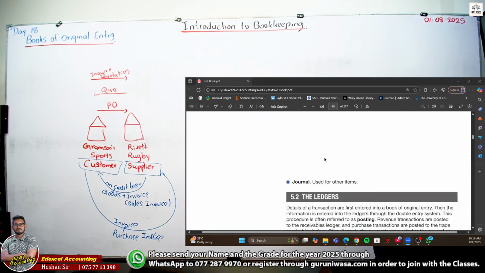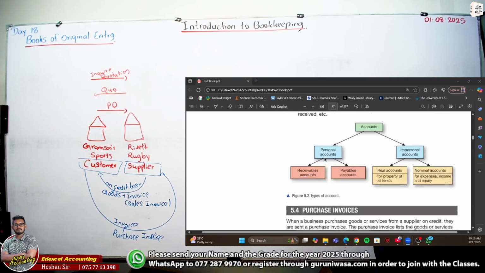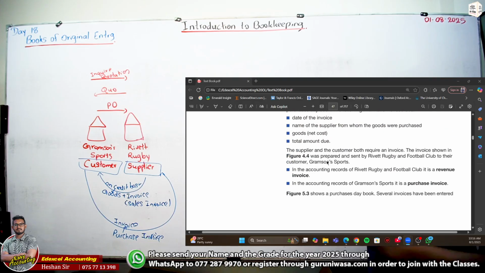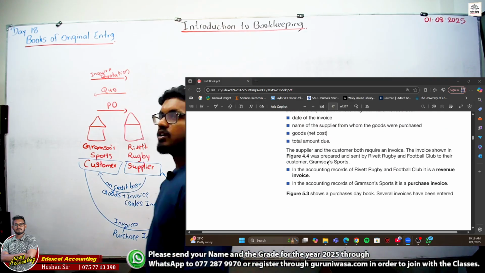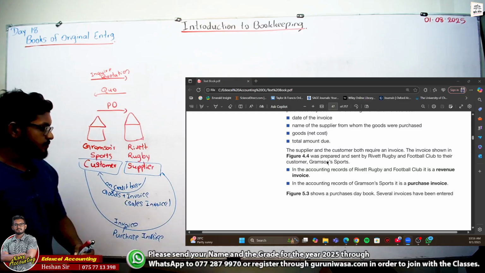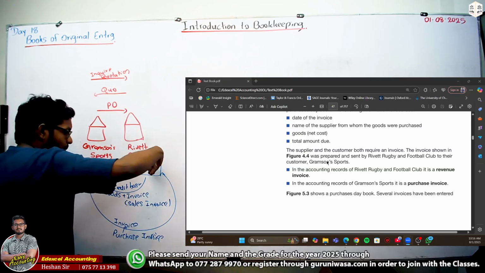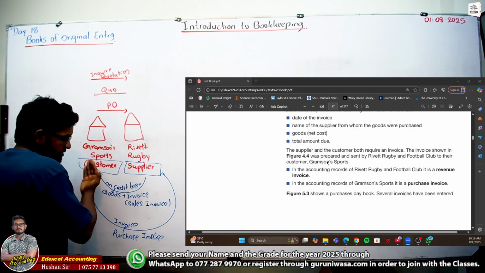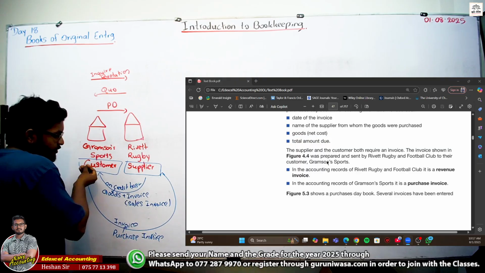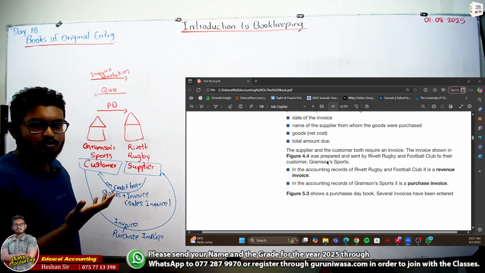Now, the supplier and the customer both require an invoice. Most of the time, when the supplier sends the invoice, the customer does not prepare another invoice.